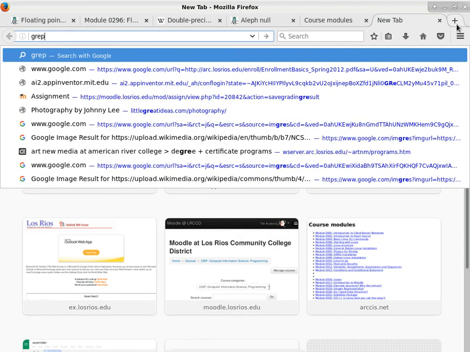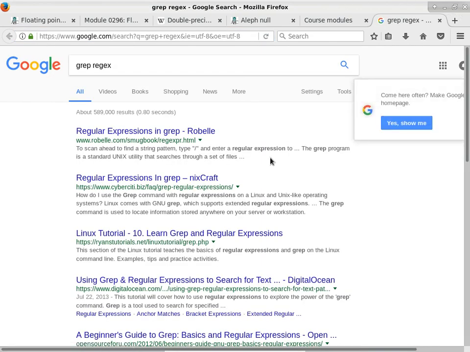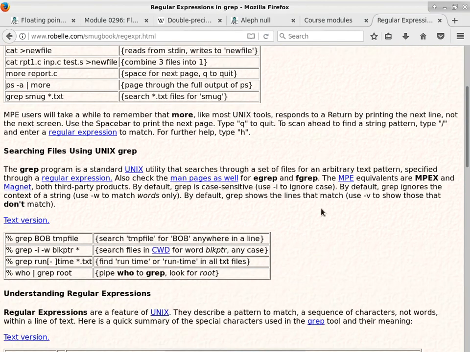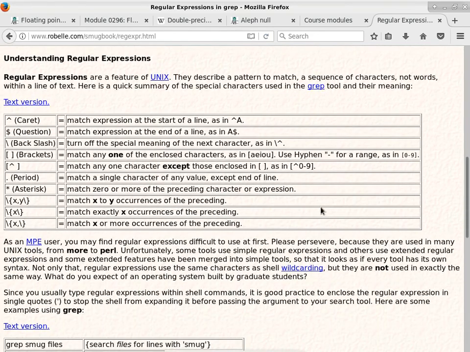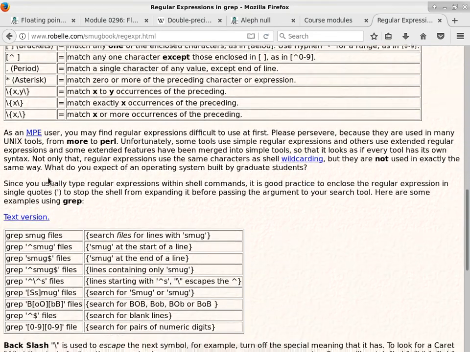Regular expression is usually abbreviated as REGEX or REGEXP, depending on the context. And you can see that it is slightly different, I think.